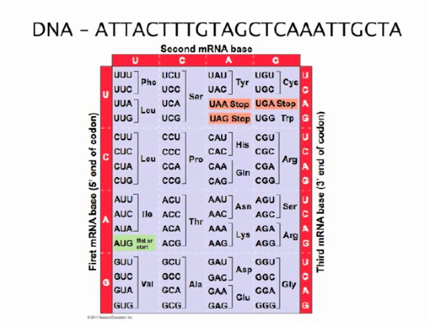Then the next triplet would be AAA, which is going to be lysine. And then CAU, which is histidine. And CGA, which is arginine. And then GUU, which is valine.